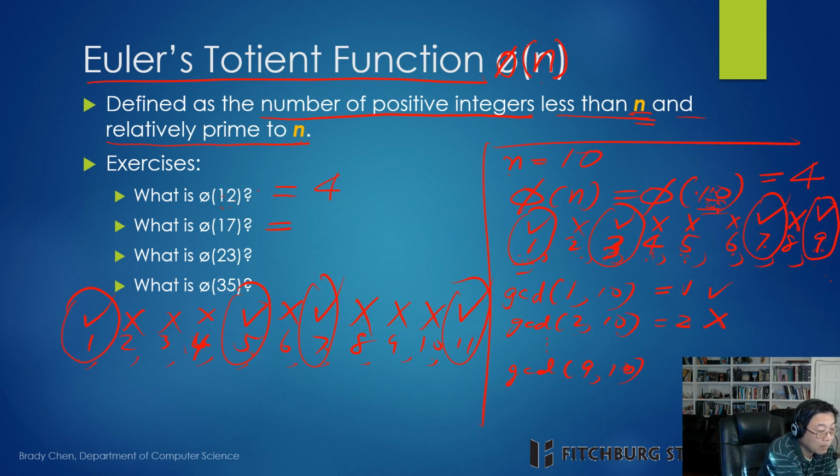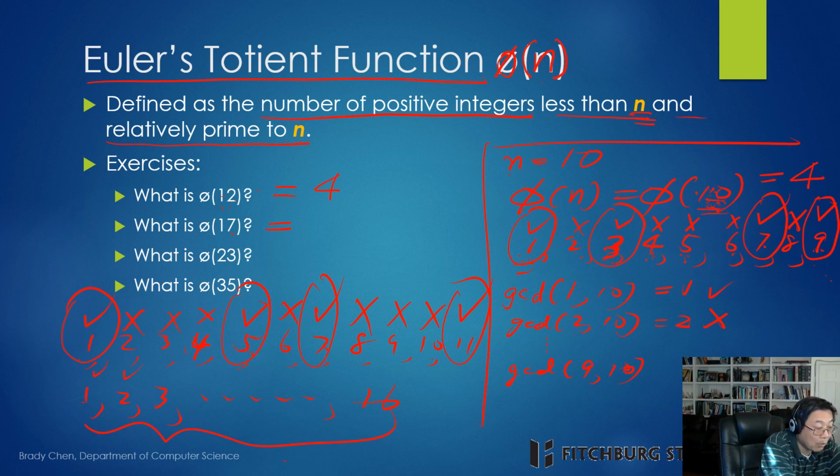What about the phi of 17? You need to check each positive integer less than 17, right? So you check 1, 2, 3, 4, all the way to 16. So they are a total of 16 numbers, right? 1 and 17, yes, they are relatively prime. 2 and 17, yes, relatively prime.